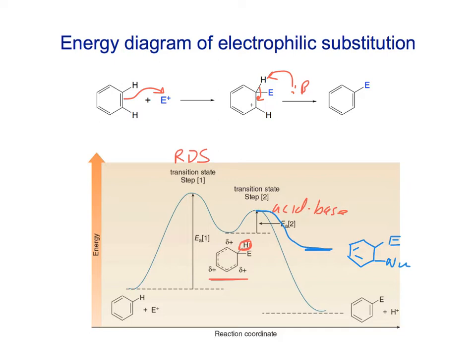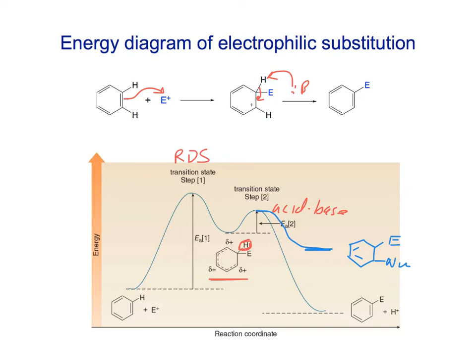Because this is no longer aromatic, it would certainly be above our starting material. The way that they've drawn this as an exothermic reaction, I'm not sure that that's always going to be true, right? The relative energy of this product versus the reactant. But the rest of this is always going to follow in that way.